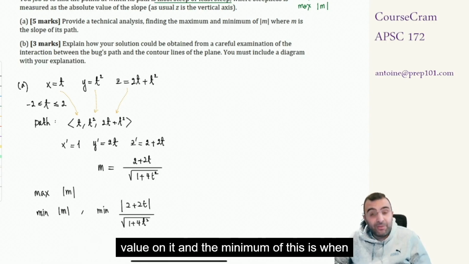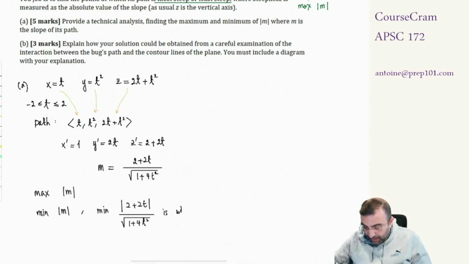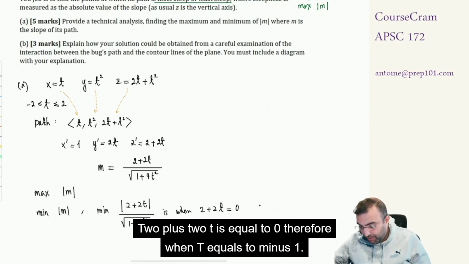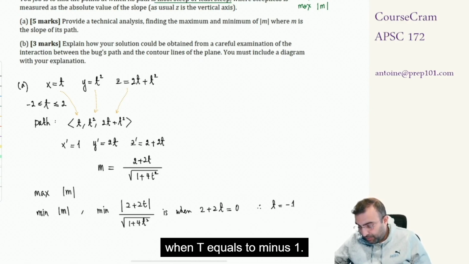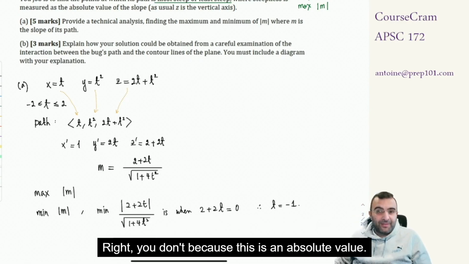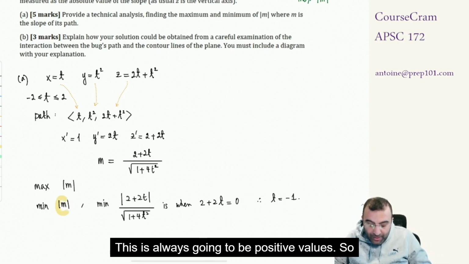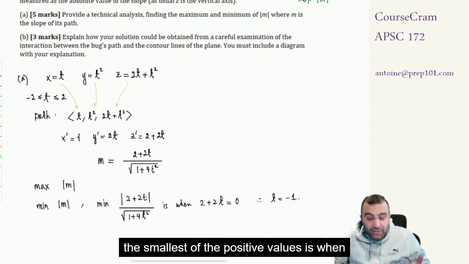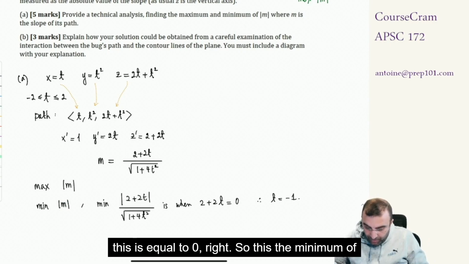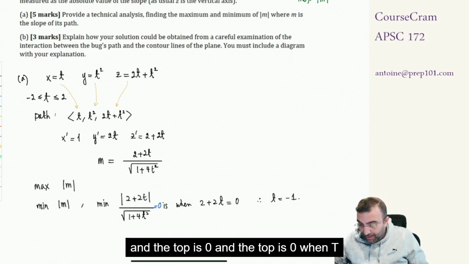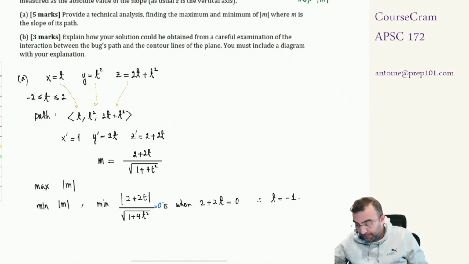And the minimum of this is when 2 plus 2t is equal to 0, therefore when t equals minus 1. Because this is an absolute value, this is always going to be positive values. So the smallest of the positive values is when this is equal to 0, right? So the minimum of this is when it's equal to 0. And that's equal to 0 when the top is 0, and the top is 0 when t equals minus 1.